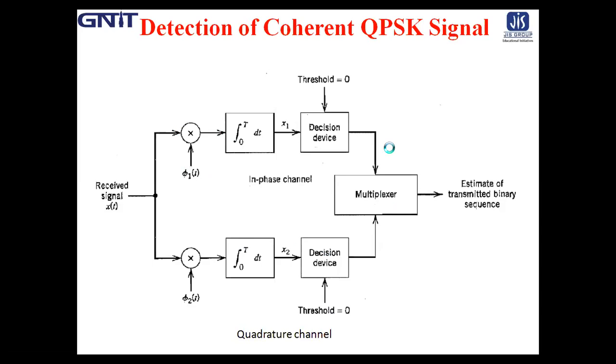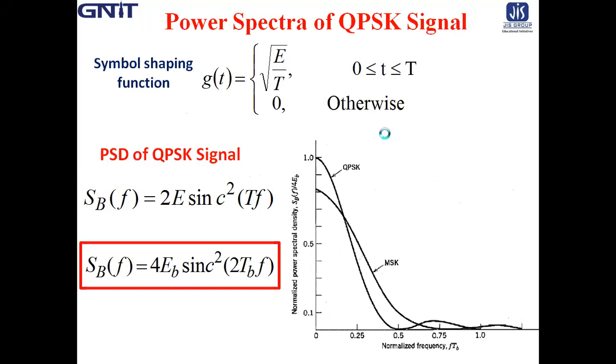Next is the spectrum or bandwidth, or power spectra, of the QPSK signal. You know that in QPSK, a symbol exists for a 2-bit interval. So depending on the dibit sent during the signaling interval, say t equal to minus Tb/2 to plus Tb, the in-phase component equals plus g(t) or minus g(t).